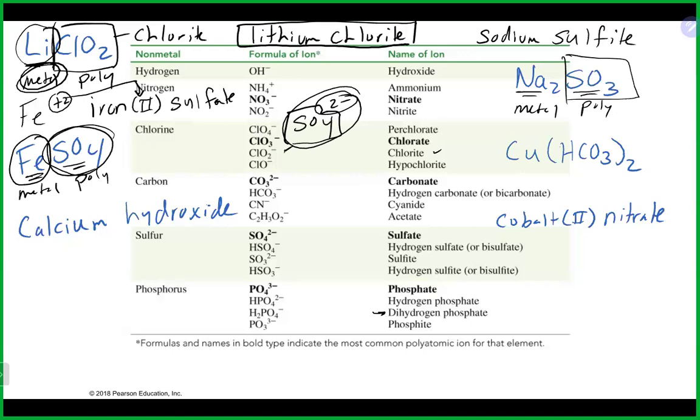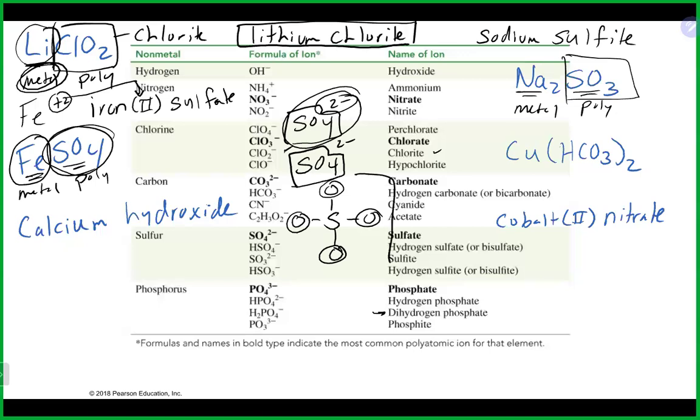But the charge on SO4 is 2 minus. So this SO4 2 minus, this is the actual unit. So if you drew it, which you will know how to draw shortly, it is this when you draw it. And that's what the 4 represents. It represents that there are 4 oxygens attached to the sulfur.